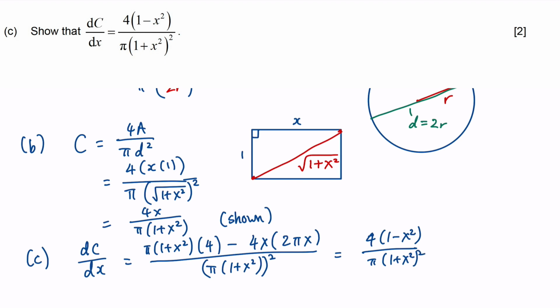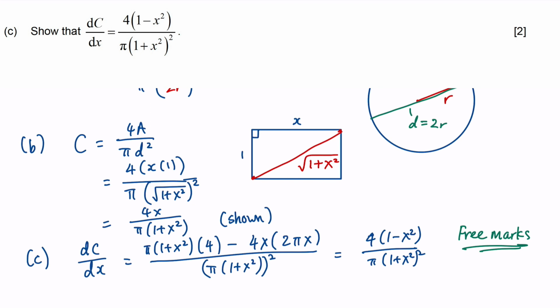I do want to point out that this part C is actually 3 marks, because even if you didn't know how to do part B, you could have just taken the expression in B and differentiated it to get these 2 marks. Provided you know how to do differentiation, of course. If you're not sure how to do differentiation, please go and revise that part of the syllabus.